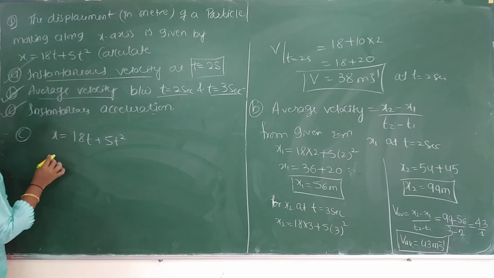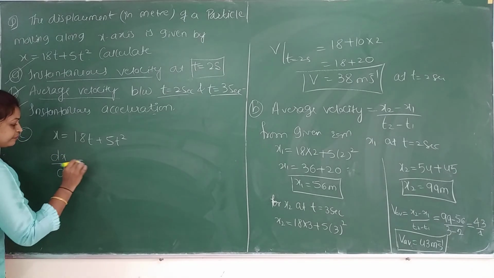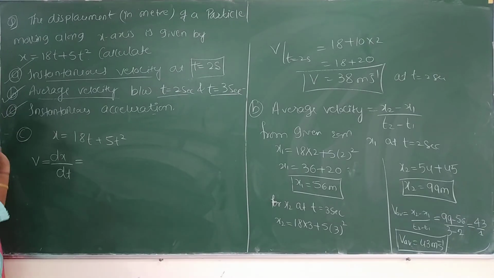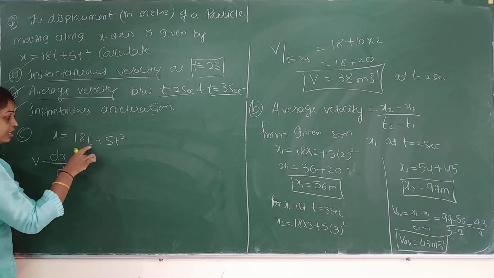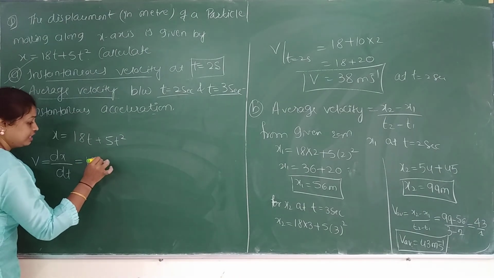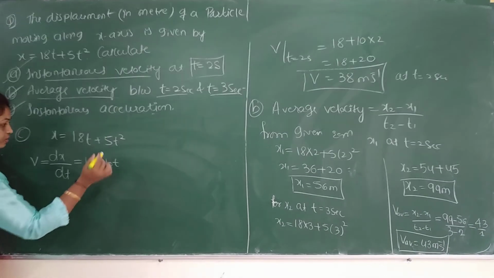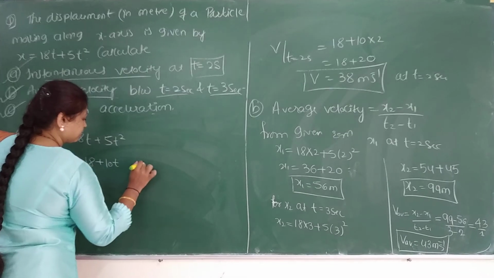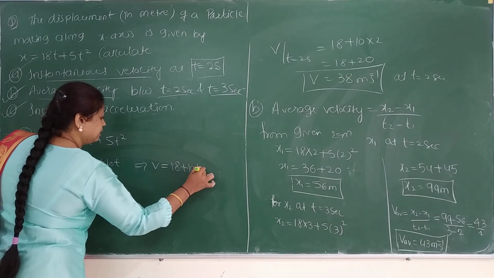If you differentiate, that is dx upon dt, what you will get? Velocity. One time differentiation. t differentiation is 1 into 18 is 18 plus 5 2s are 10t. This is velocity. Velocity v equals 18 plus 10t.